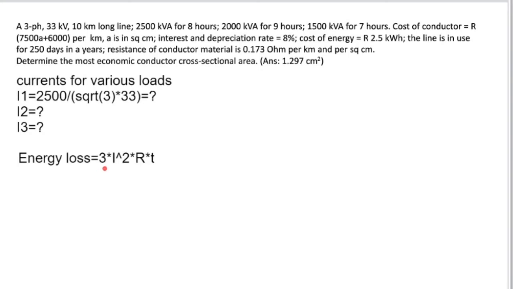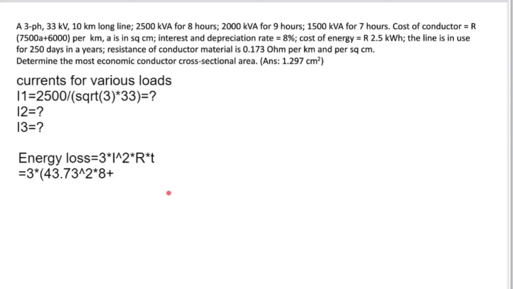So if I go for that, what will it be? It will be 3 times, the first one was 43.73 squared times 8 hours, because I squared and then time t is there, and the time is not the same for each of them, so it's different. R will come later on. R is common to everyone.